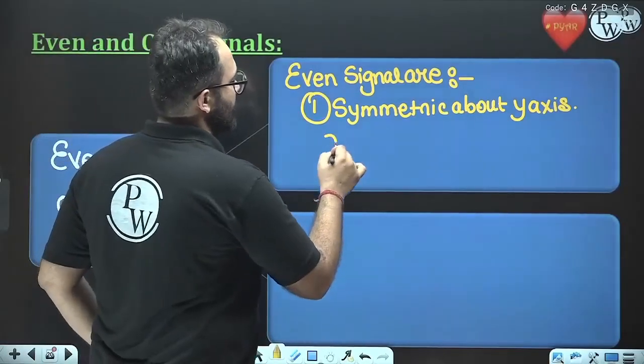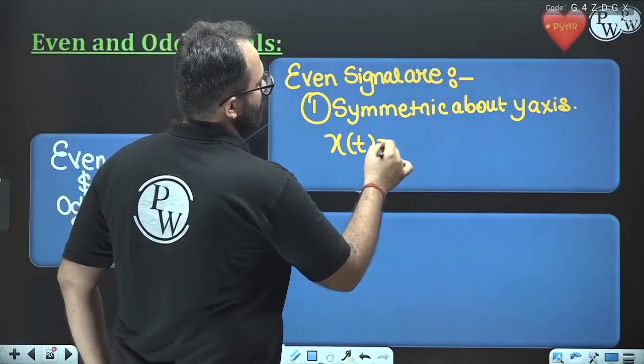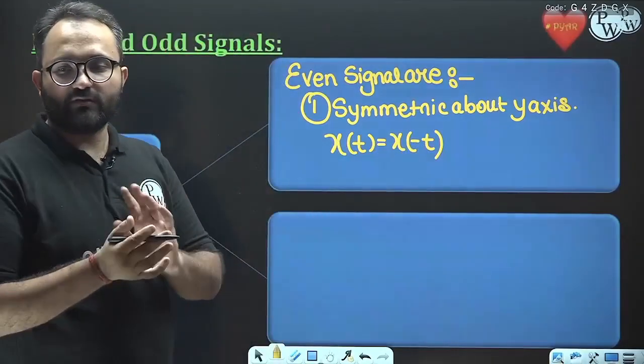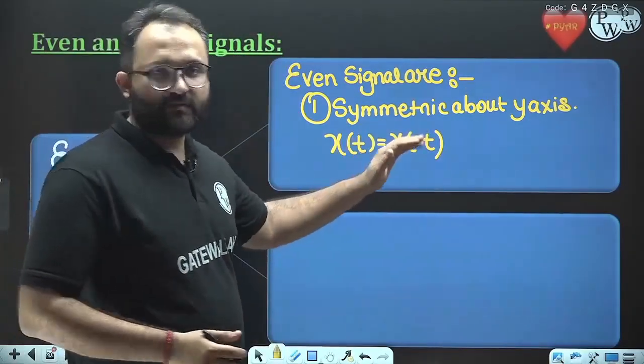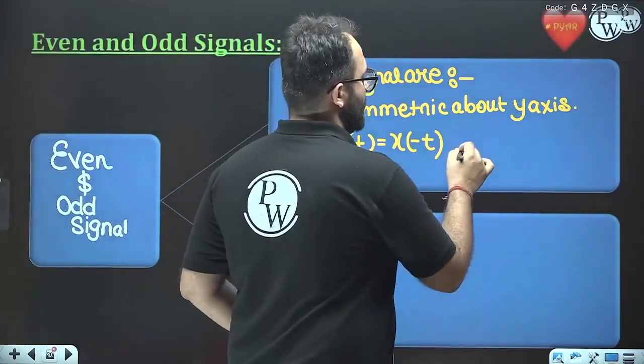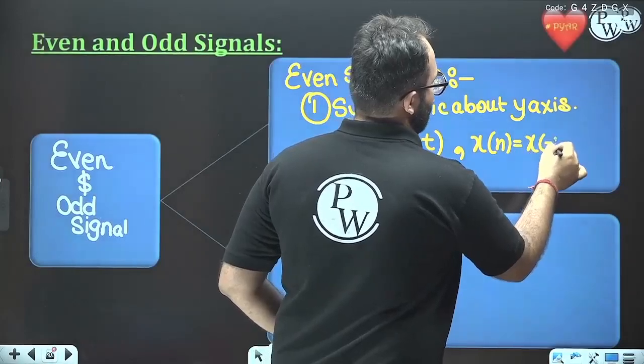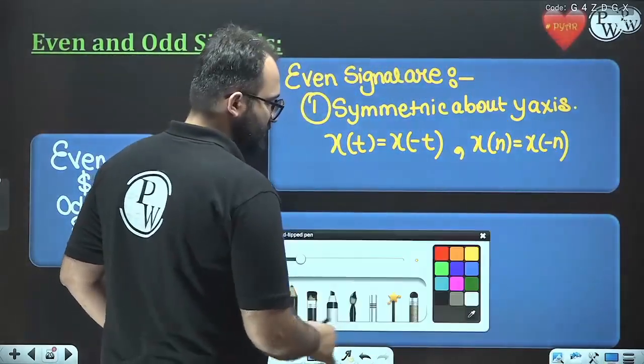It is written like this: x(t) equals x(-t). Symmetric about the y-axis. We'll see figures for this. Or it is x[n] equals x[-n]. So both are correct.